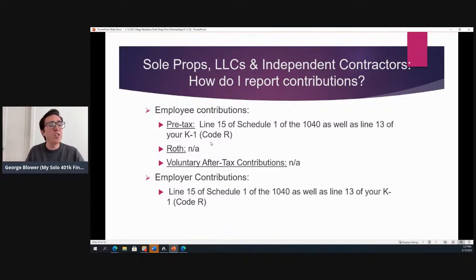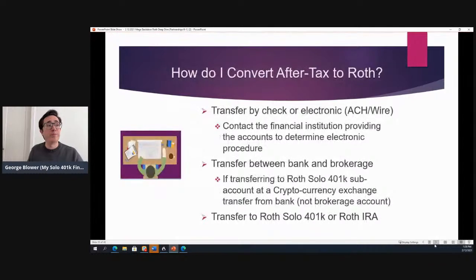So if it's that pre-tax employee contribution, it gets reported on the K-1, and it gets reported on line 15 of Schedule 1 of the 1040, and line 13 of the K-1. Roth contributions don't apply. After-tax contributions don't apply. Employer contributions, it's the same place. Line 15 of Schedule 1 of the 1040 plus line 13 of your K-1.